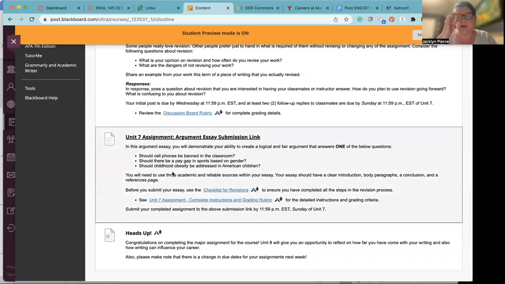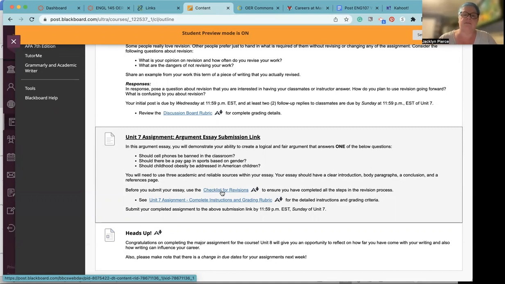There is an additional link this particular week that I do want you to make use of. And I, again, am going to say it's a good idea to print it out. Obviously, some of you don't have access to a printer. I understand that. You can use it on the computer. But if you're trying to revise your paper on the same computer that you're looking at the checklist and all that, it's really hard.